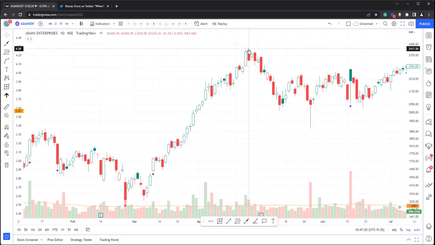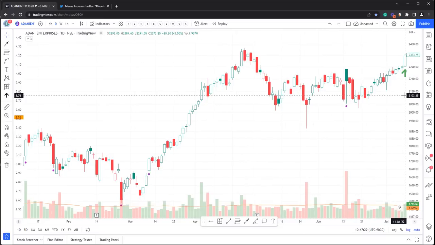So when a stock is coming out of a base, if you manage to buy right at the point where it is coming out of the base, this is where you get big moves. If you want to make 20, 30, 40 times your risk, you have to buy when the stock is coming out of the base.